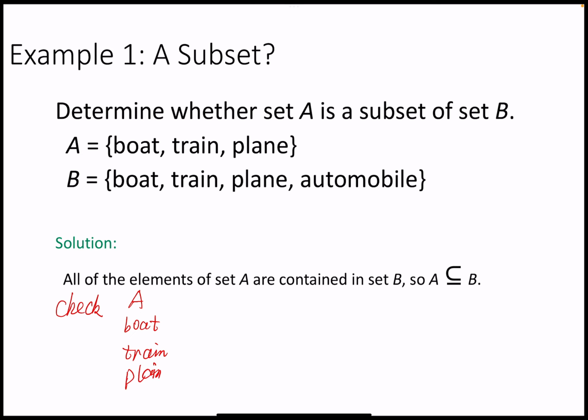So you want to check, is boat in B? Yes. Is train in the set B? Yes. Is the plane in the set B? Yes. So A is a subset of B.